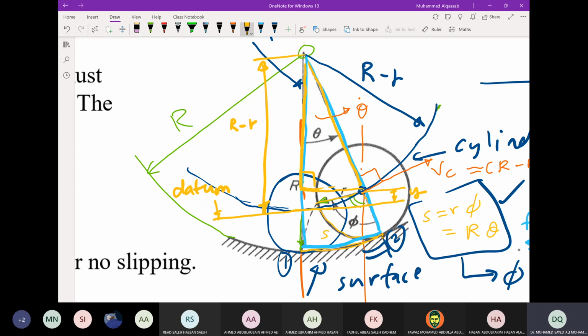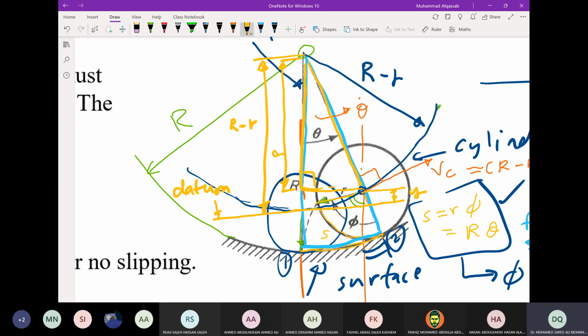And then we can find this side of the triangle, and then subtract, we get y. So the hypotenuse of this triangle is R minus r, and then the adjacent side is (R minus r) times cosine theta.